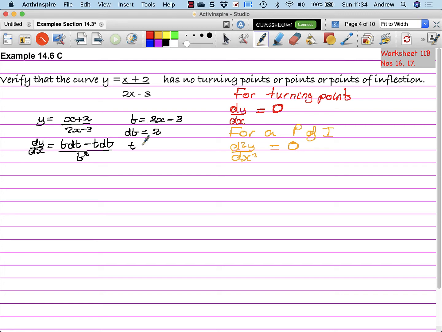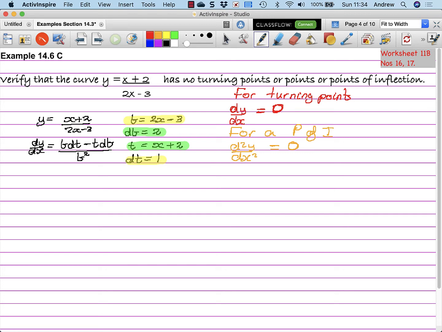The top is equal to x plus 2, and the differential of the top is quite simply equal to 1. So we're going to do the bottom times the differential of the top, minus the top times the differential of the bottom, all over the bottom squared.